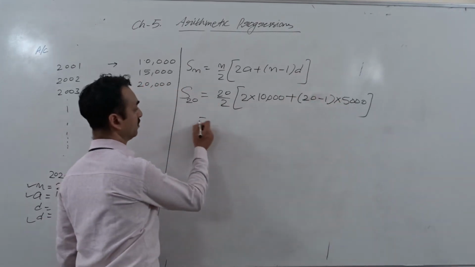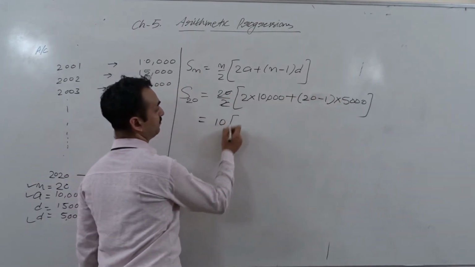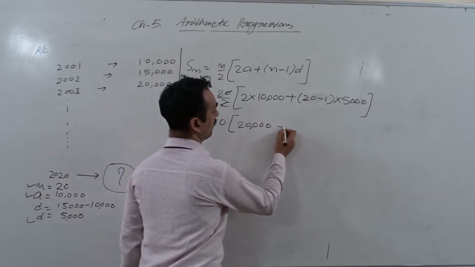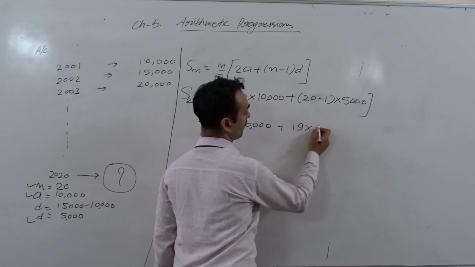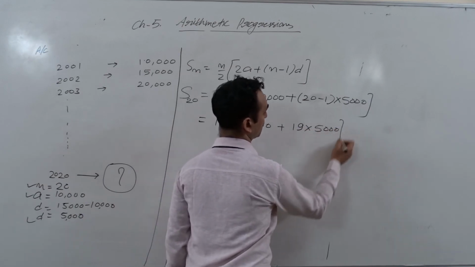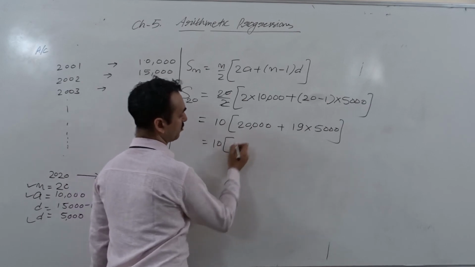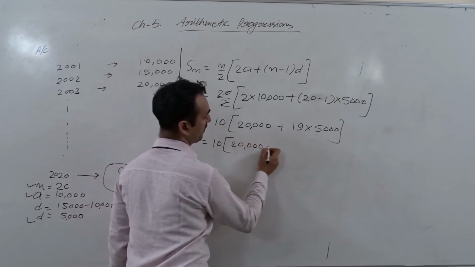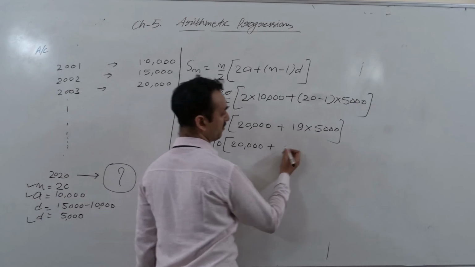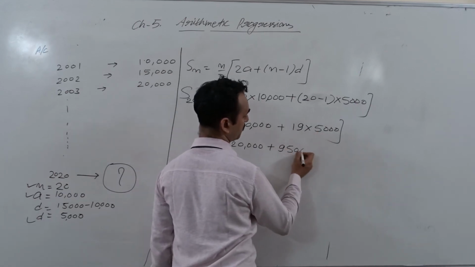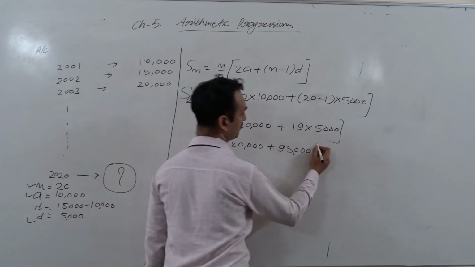Now we will solve this. 2 into 10,000 is 20,000, plus 19 into 5,000. 20 minus 1 is 19. 19 times 5 is 95, so 95,000.